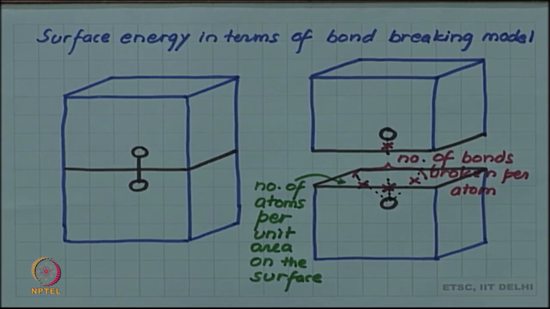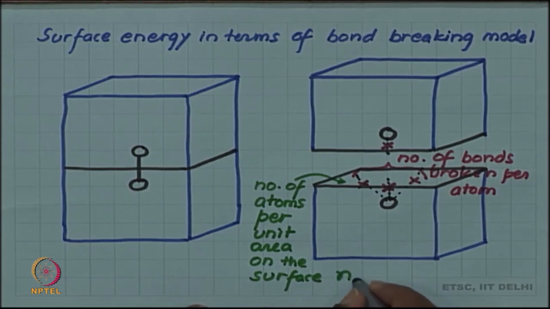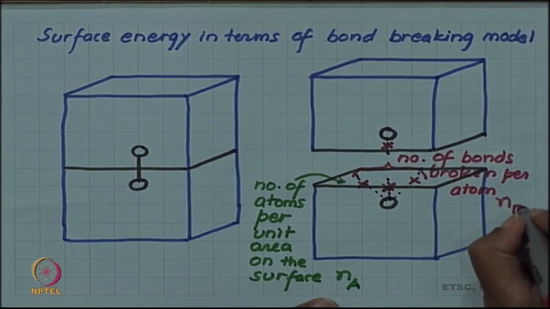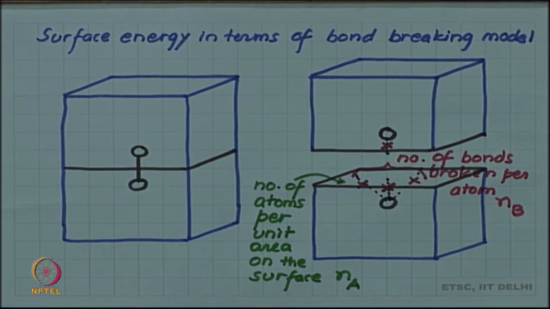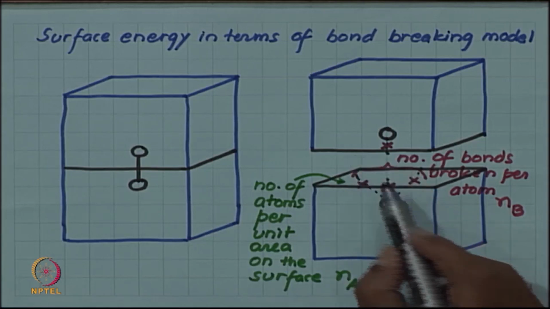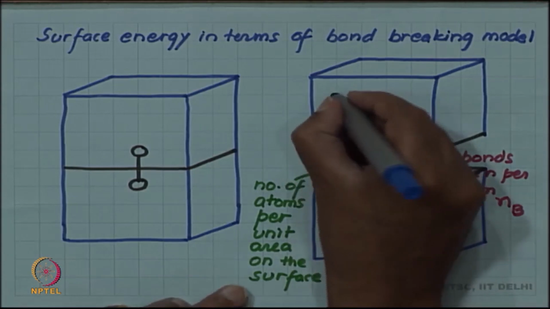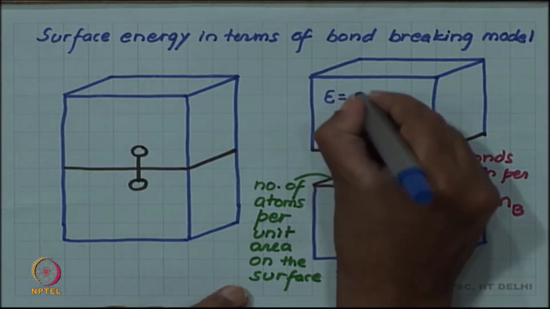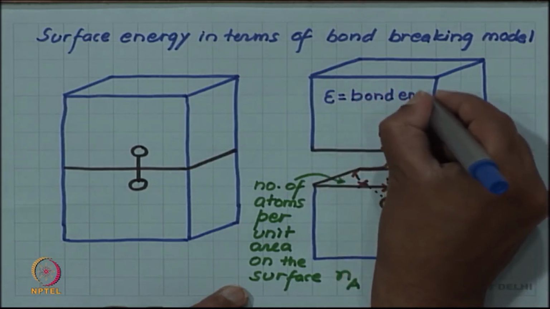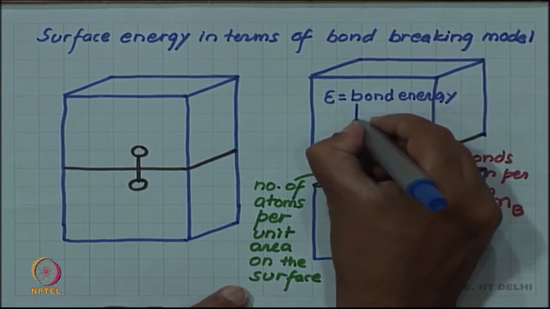Let us call the number of atoms per unit area Na, and let us call the number of bonds broken per atom Nb. And of course, the energy which we are going to provide in breaking this bond is the bond energy. So, the third important quantity, which let us call epsilon, is the bond energy per bond.